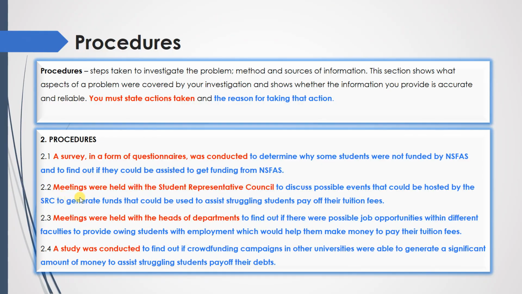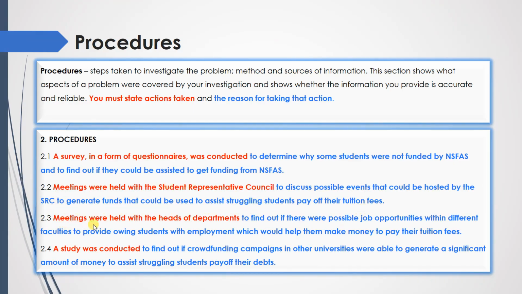The second procedure is meetings were held with the Student Representative Council to discuss possible events that could be hosted by the SRC to generate funds that could be used to assist struggling students pay off their tuition fees.